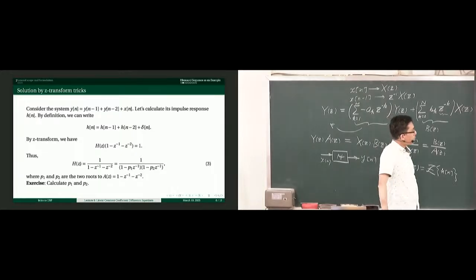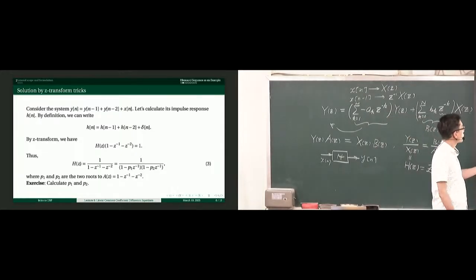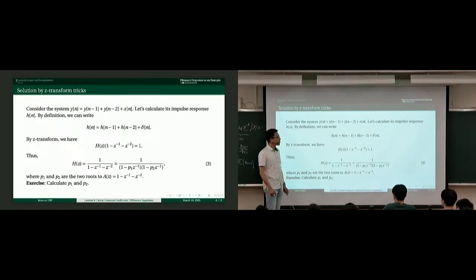So then our goal is to calculate the impulse response. So by definition, what is impulse response? Impulse response is the system's response when receiving delta function as the input, right?